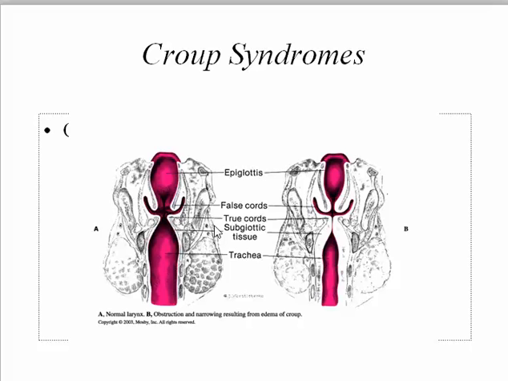If you have any kind of edema in your airway, you're going to see, as in this one, the airway is even smaller, so it's barely even open. So when you have croup, you're going to see the narrowing as a result of the edema. The stridor that you hear is the air trying to squeeze through that tiny little opening, that narrowed airway.